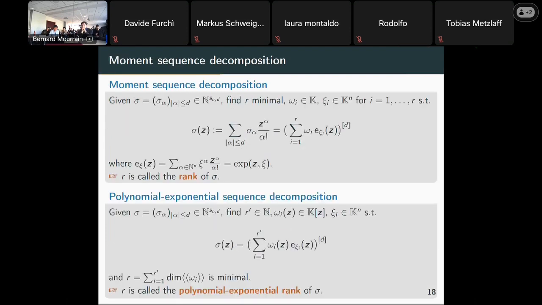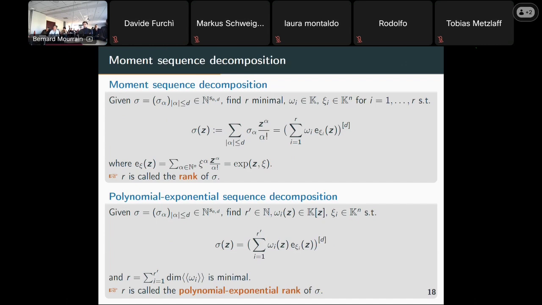Talking about moment sequences, here we have a moment sequence up to degree d, and we want to decompose it in this way, where we have weights omega_i and the evaluation at poles zeta_i, for this exponential e^{zeta_i·z} truncated in degree d.